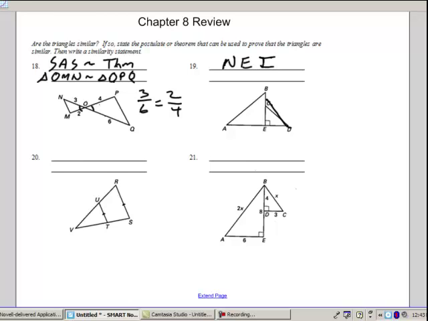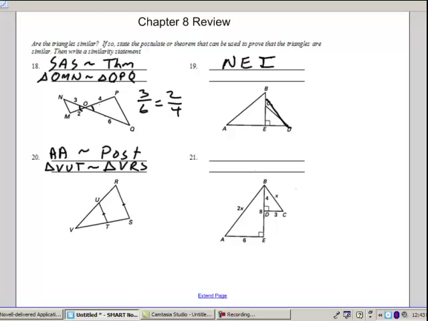Number 20, these triangles are going to have to be similar because I have corresponding angles postulate giving me two angles, so they're going to be similar by the angle-angle similarity postulate. And let's see, I would then say triangle VUT must be similar to triangle VRS. Other ways you can write it, but V has to match up with V, U has to match up with R, and T has to match up with S.